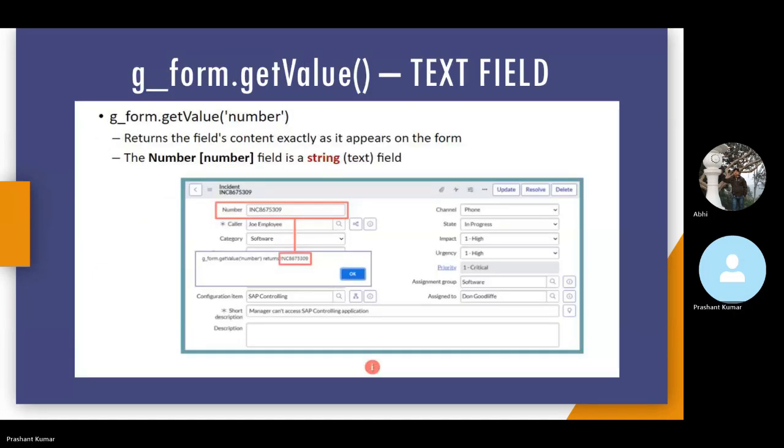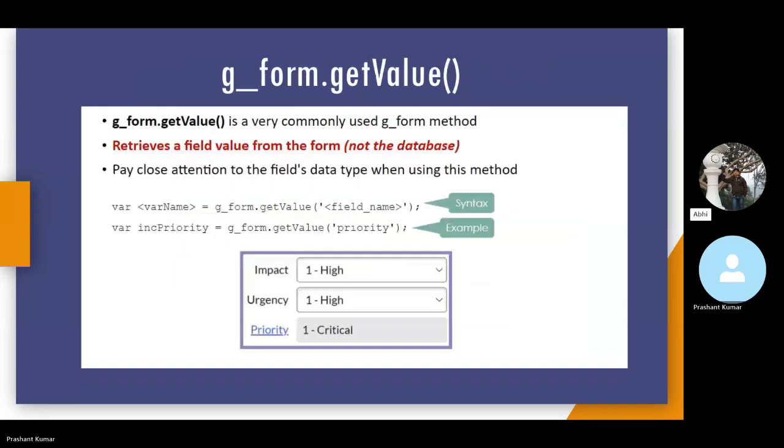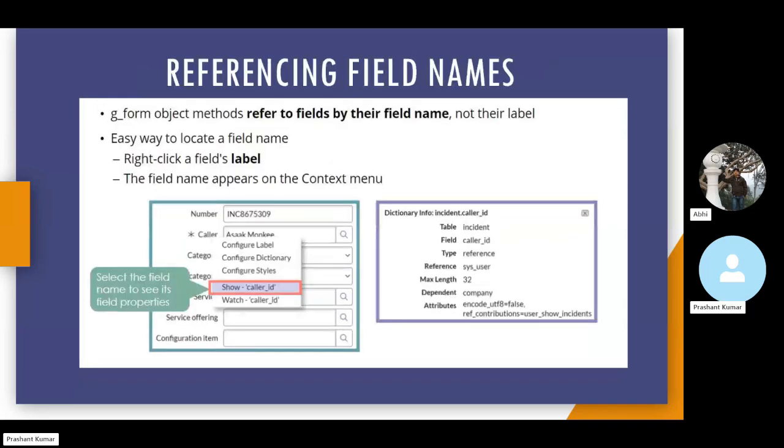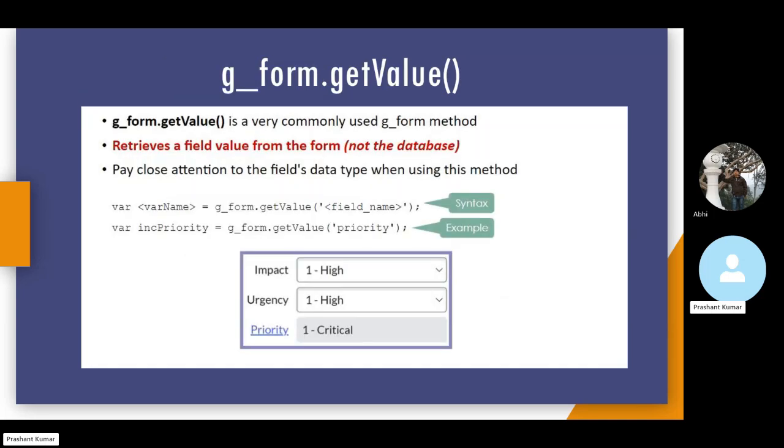Basically, they are talking about get value. If we do get value for reference field, we might get the sysID for that, right? So it's just telling that. And gform is very commonly used. So it will work in a similar way. Incident priority, get value priority.